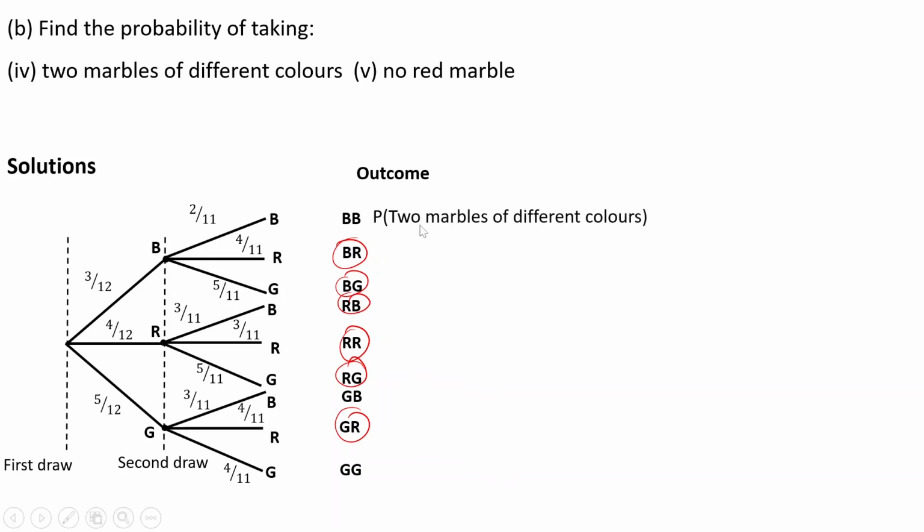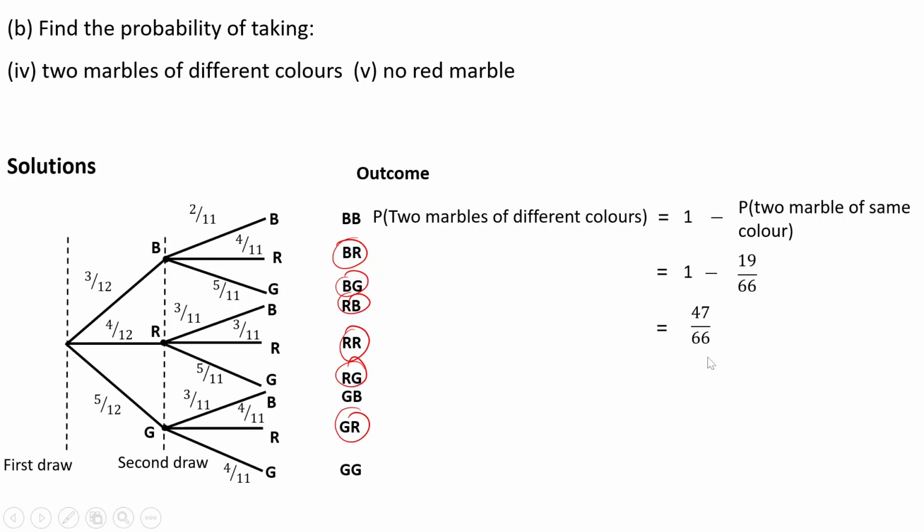The probability of two members of different colors will be equal to 1 minus the probability of two members of the same color. So 1 minus that probability of the same color. The probability of the same color, which we have found here, was 19 over 66. So the final answer will be actually 47 over 66. So how?